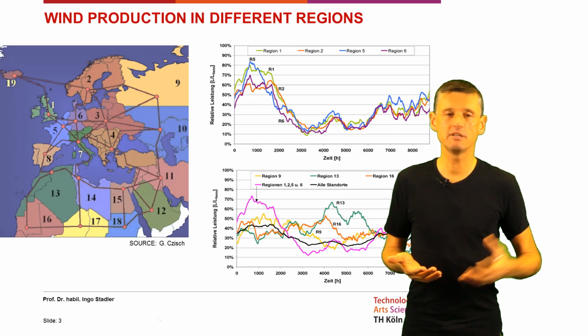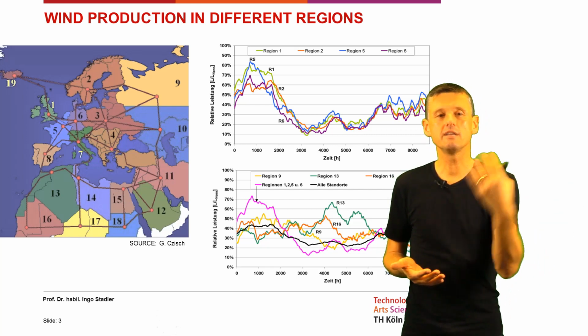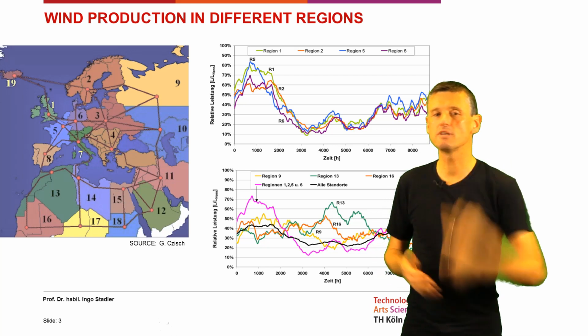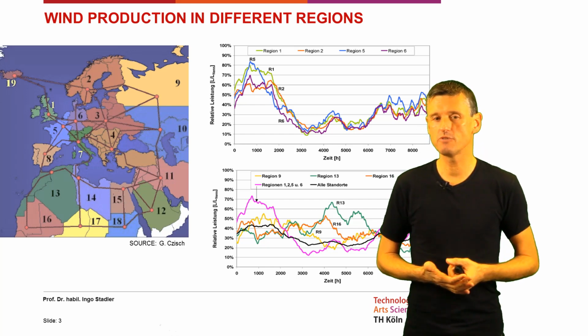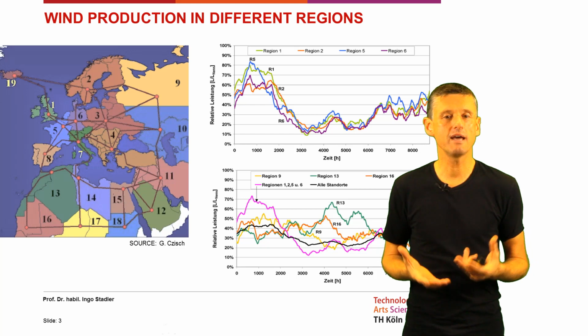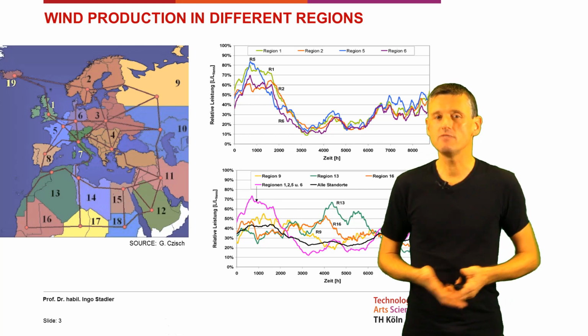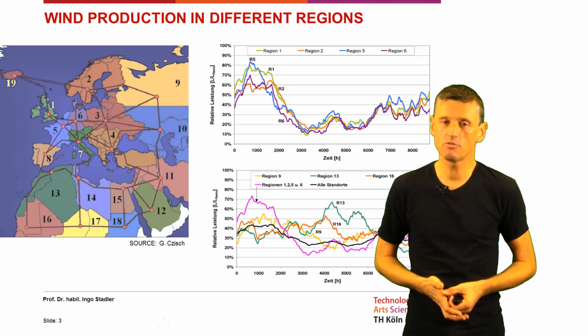For example, in the northwestern part of Africa, or even in that part indicated with number 9 going more to Siberia, we have the other seasonal pattern of wind power generation. And the thick black line is then the mean of all those regions. And then we see we never have a zero or a close to zero wind power production.